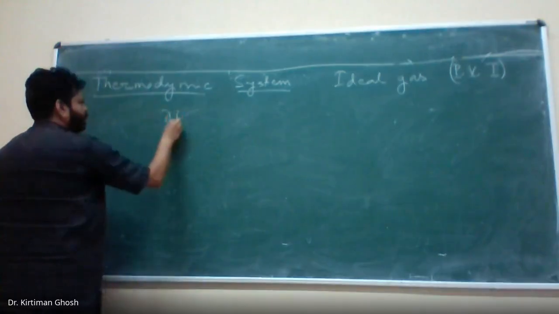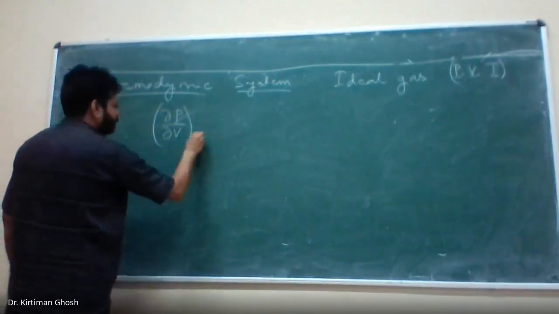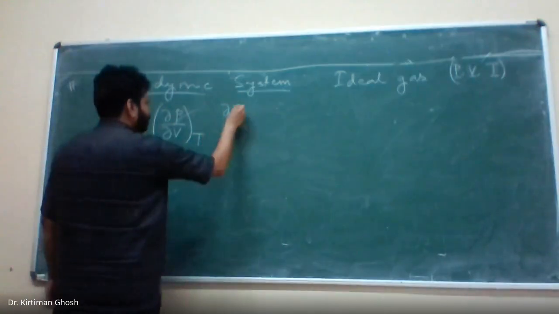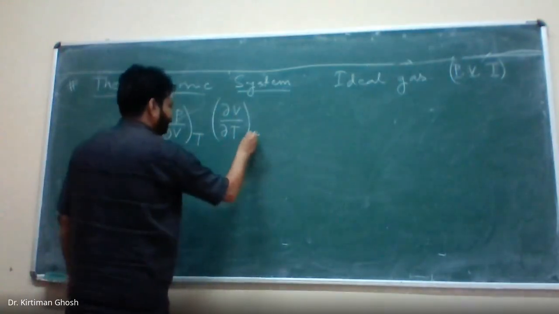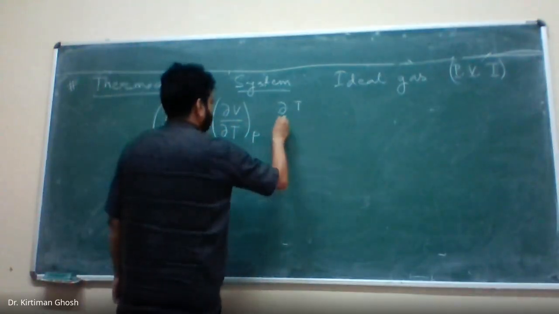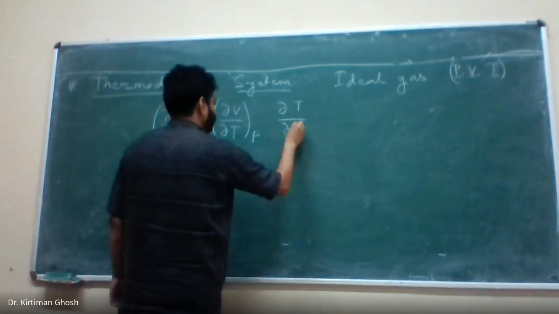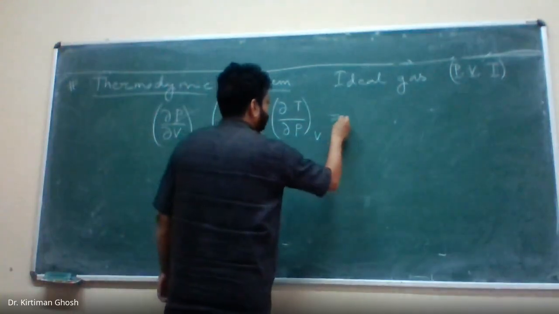I can write down del P by del V at constant T, times del V by del T at constant P, times del T by del P at constant V, equal to -1.